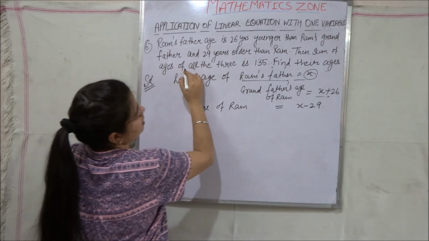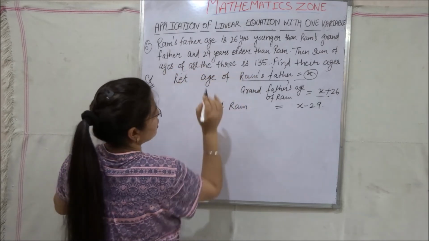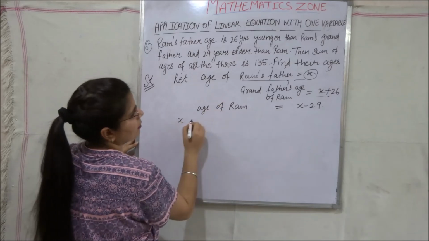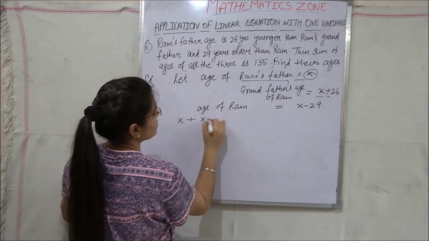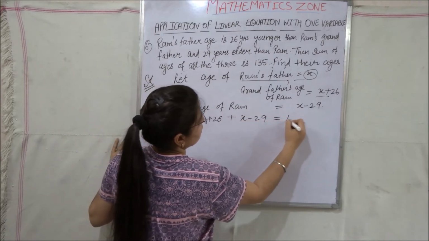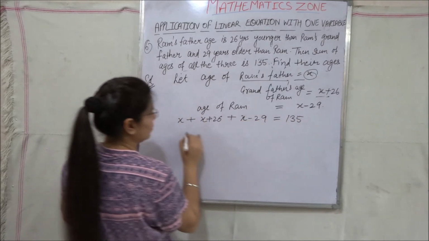Now, the sum of the ages of all the three is 135. So, taking the sum, x plus 26 plus x minus 29 is 135.